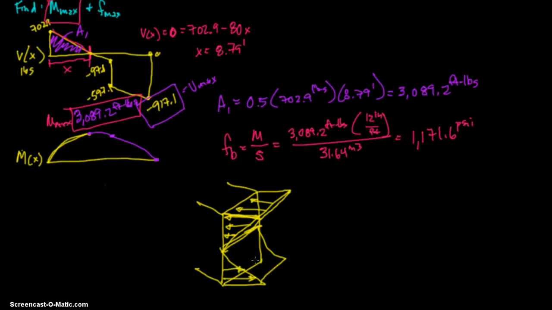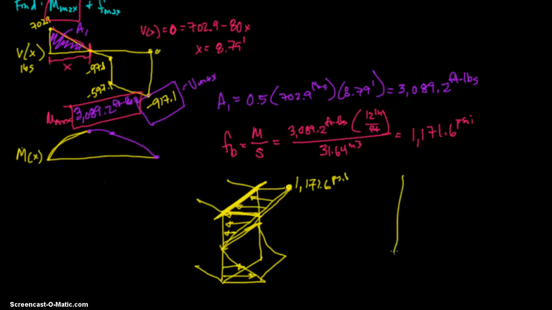Alright, the bottom flange is in tension because it's going to be stretched. The top flange is in compression. And hopefully you can see that the top right here is the extreme fiber, and this is the force in bending. It's going to be 1171.6 psi at this point. Or if you're looking at it from the side, it's at this point.